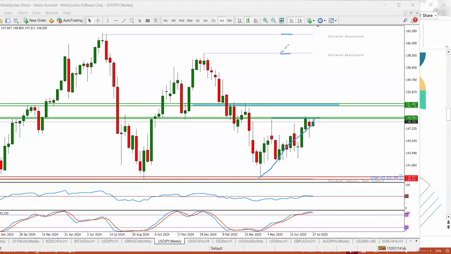If price is going like this, price is on an uptrend. But now price is currently here. Now there's a slight problem. Yes, price is on an uptrend, but we cannot be placing a buy here now because two things are going to happen. It's either this price is rejected from here, or this price does what? Breaks this resistance level.